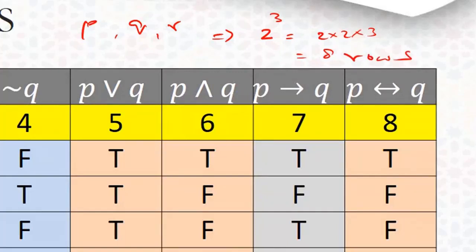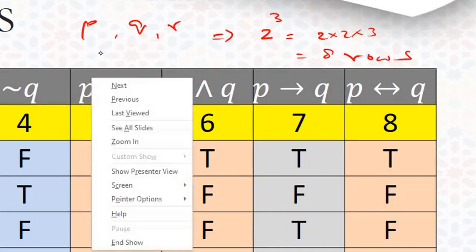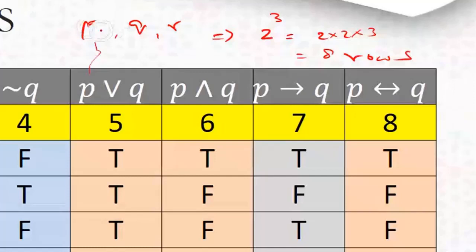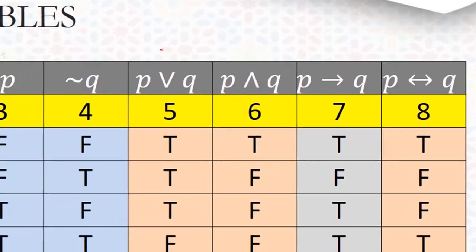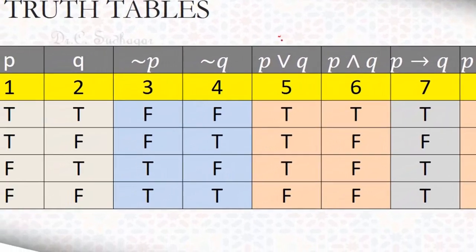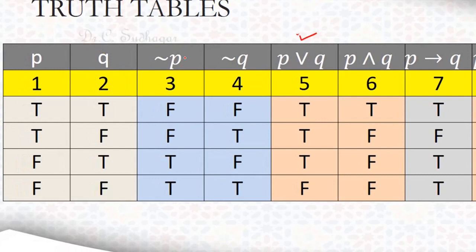Now, after completing this, let us see how to do the OR operator. In the OR operator, you have two variables, p and q, so you should take this column and this column.